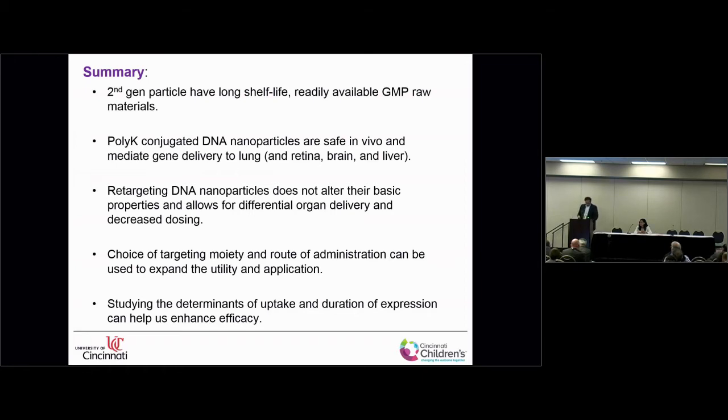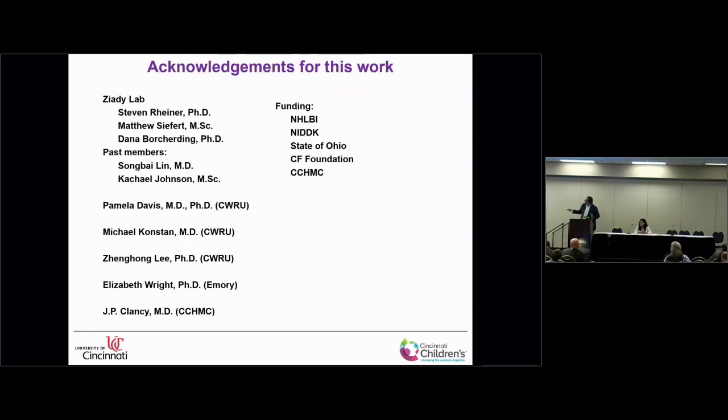So I think just to acknowledge everybody. Sorry if I went over, folks, but Steve is actually going to give a poster, 592. You can get all the details that I didn't give you about this most recent interactome stuff. Matt is a very talented research assistant in the lab that has helped with these studies. Dana's another postdoc in the lab, and Sombai and Keishel were previous members in the lab that helped with this project.